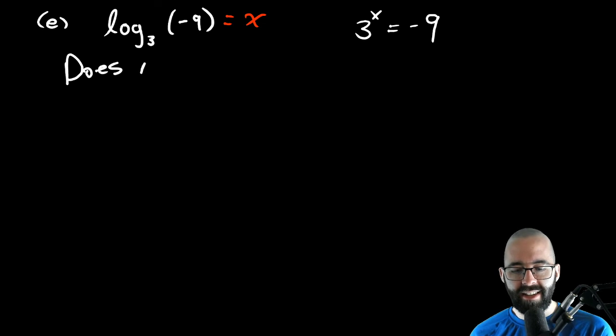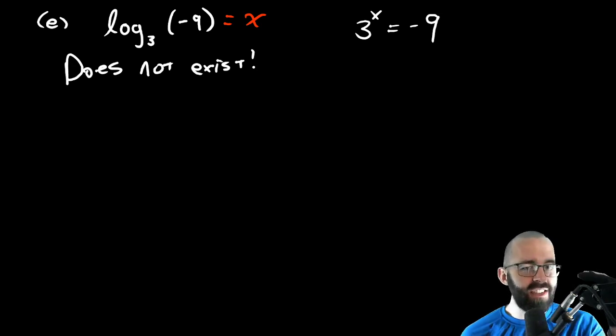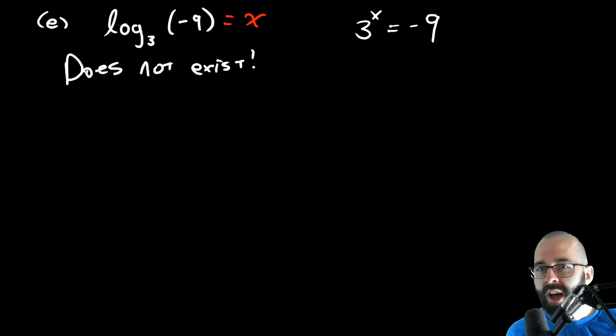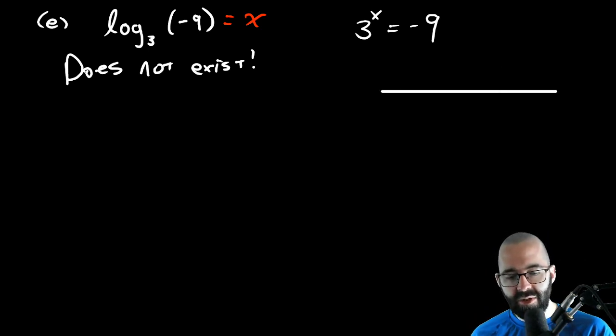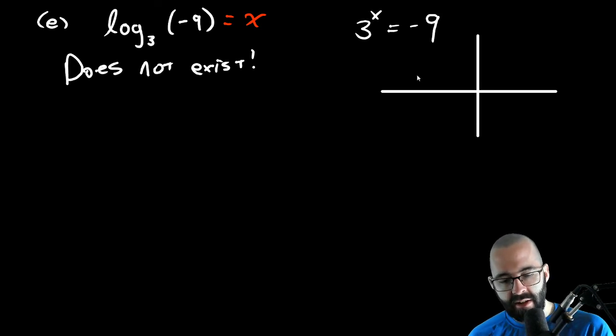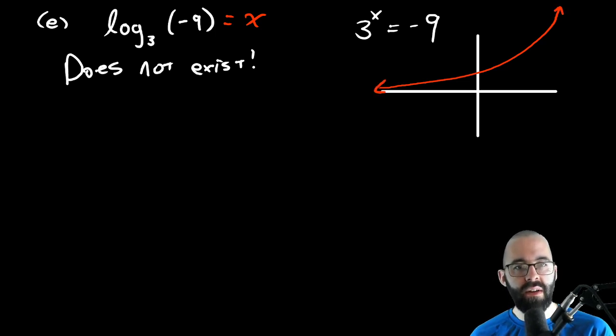Why does this not exist? Well, given as you're watching a video on 6.3, you're a master on 6.2, graphs of exponential functions. What does this exponential function look like? What does 3 to the x look like? 3 to the x looks like this. It has an asymptote at y equals 0.